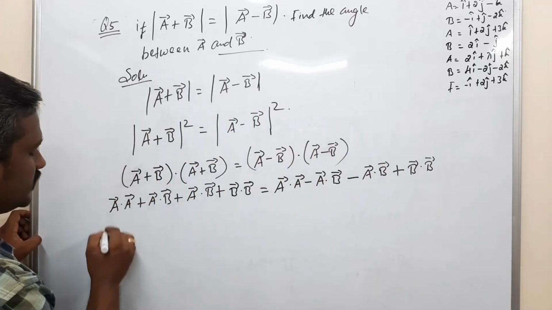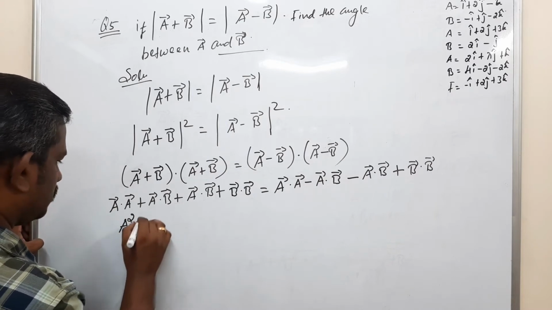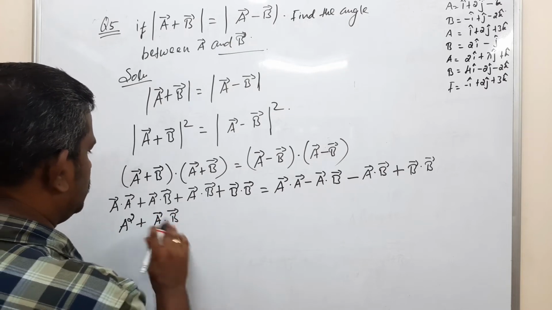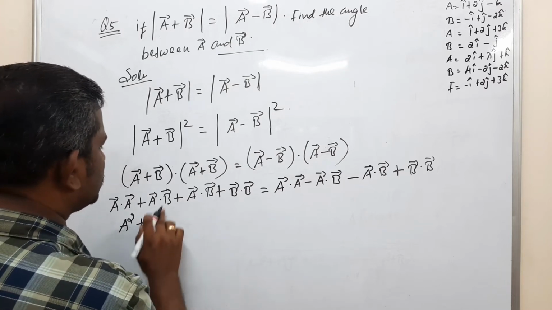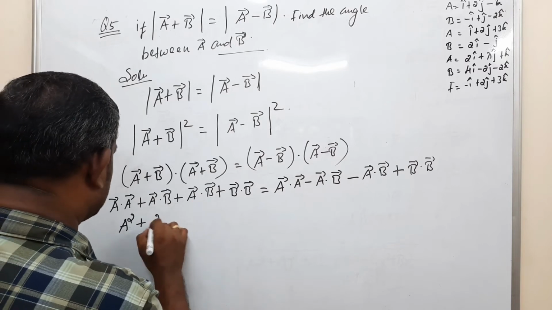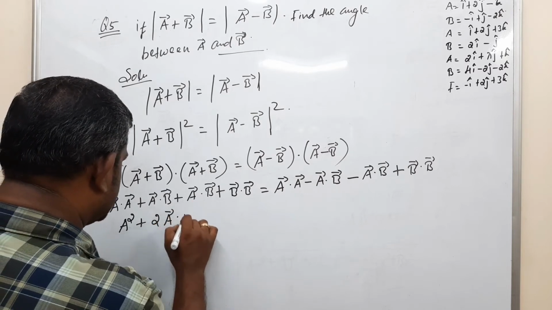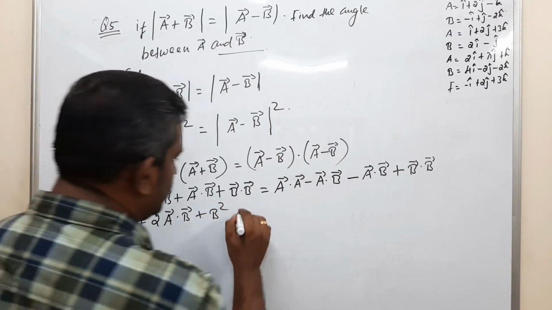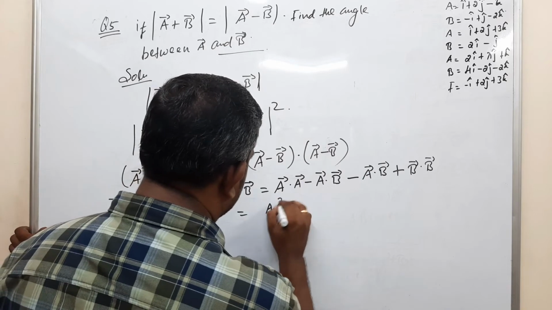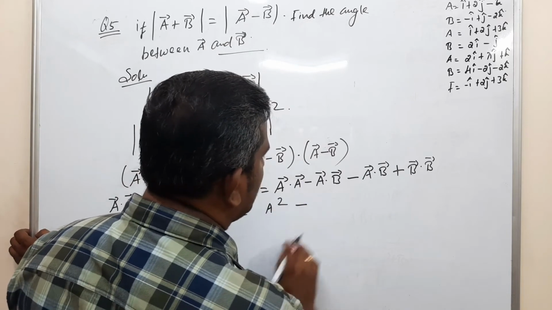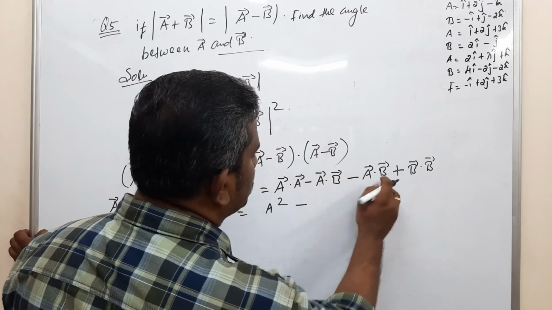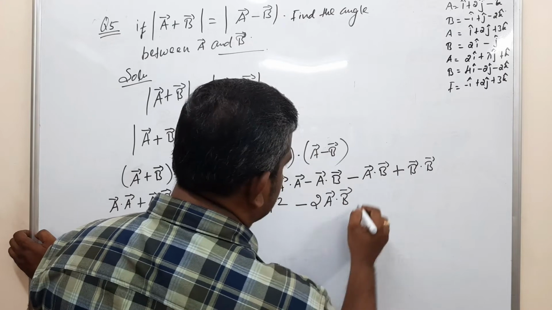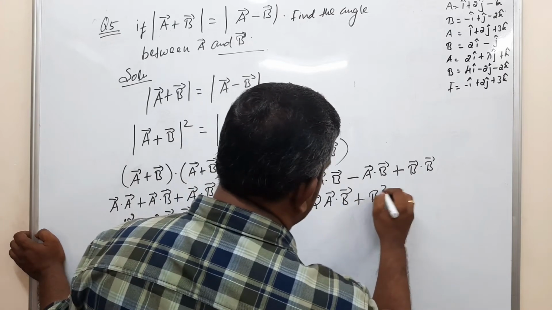So A vector dot A vector is A square, plus A vector dot B vector, and again A vector dot B vector, that is 2 times A vector dot B vector, plus B vector dot B vector, that is B square, is equal to A square minus 2 times A vector dot B vector plus B square.